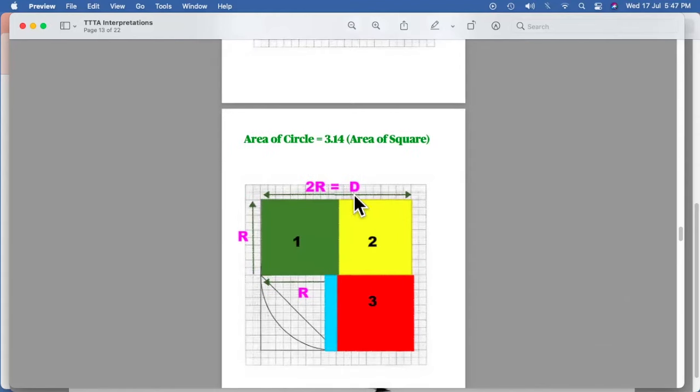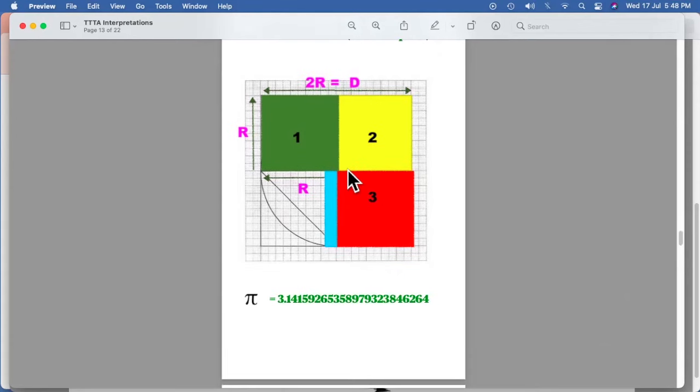To get the area of the circle, we can fit in 1, 2, 3 squares, that is 3 into the area of the square, and this 0.14 can be the area from this fourth square. This is probably how we were able to interpret the area of the entire circle from the squares, and this is how we would be able to get the value of pi also.